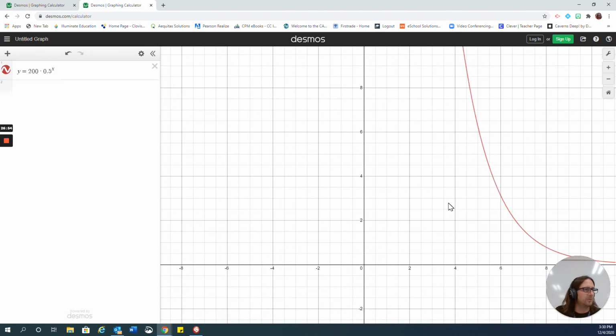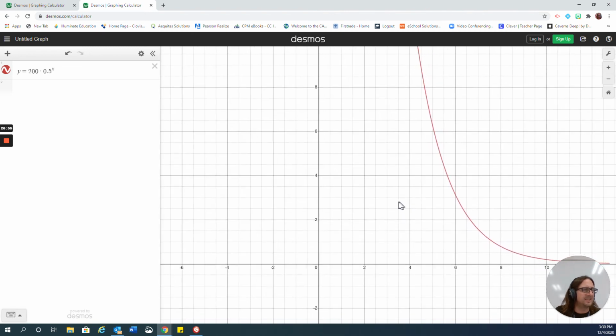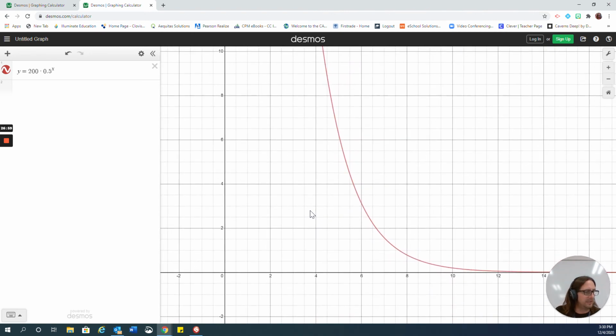All right, so we said that the y value should be 3.125. So 3.125, somewhere around here-ish. So let's go to the graph. Now on Desmos, it's kind of nice. So look over there where we've got the x value is 5.96 and it's 3.213. So let's go down a little bit. 3.2, I want 3.125.